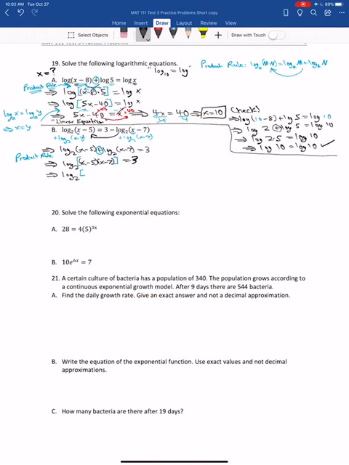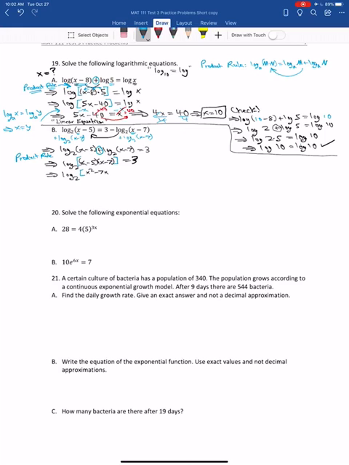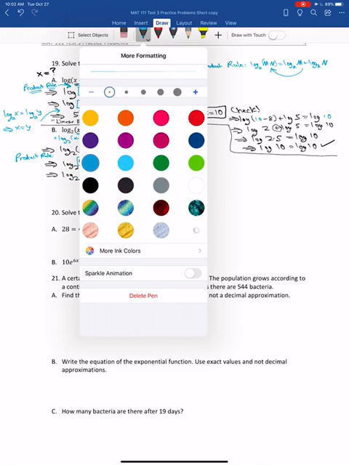So we know how to multiply binomials. X times x is x squared. X times negative 7 is negative 7x. Distributing the x through, and then I can distribute the negative 5 through. Negative 5 times x, negative 5x. Negative 5 times negative 7 is a positive 35. And now we've distributed, right?